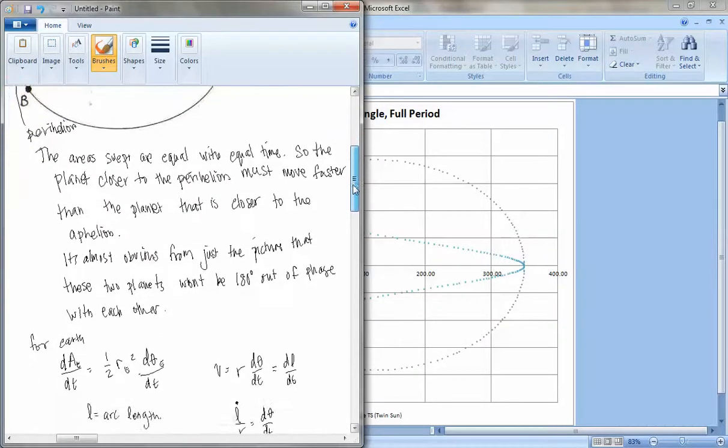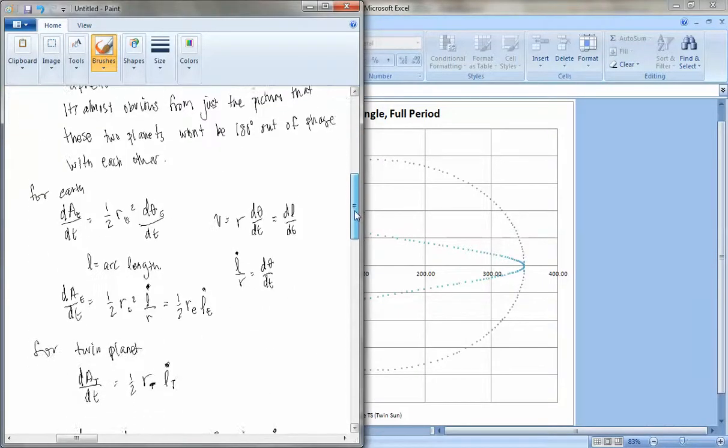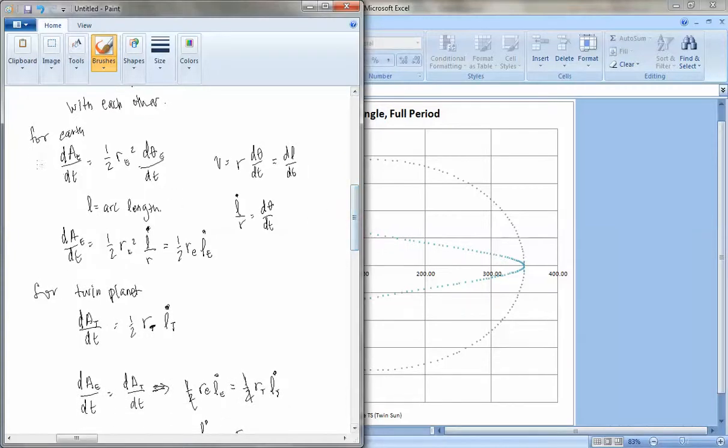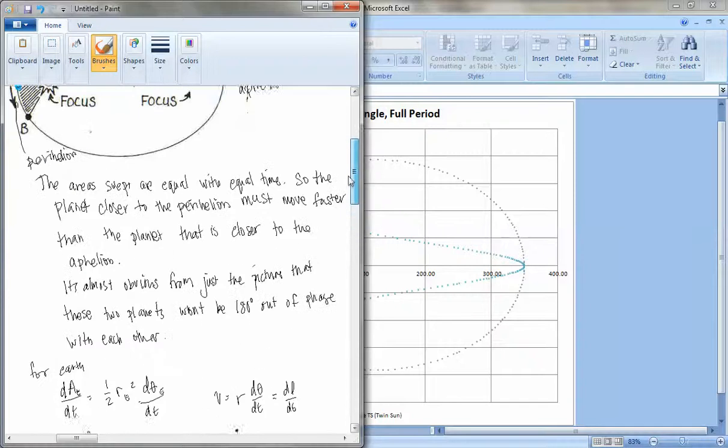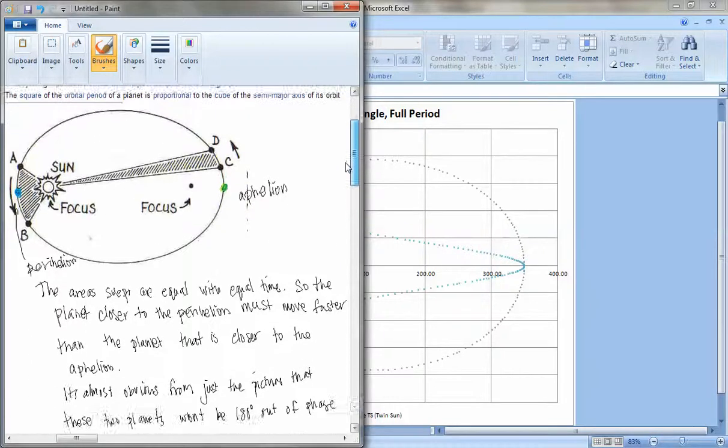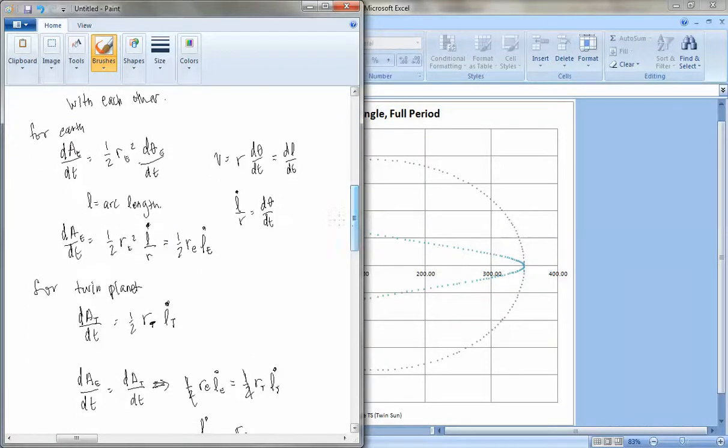I tried doing some mathy stuff. I hope that all of this notation is correct. Basically, I'm saying that the area swept out with respect to time, dA/dt, is equal to 1/2 the radius of the Earth, which is the distance that the Earth is from the Sun, squared, times dθ/dt. And this is kind of like my omega, an angular velocity.